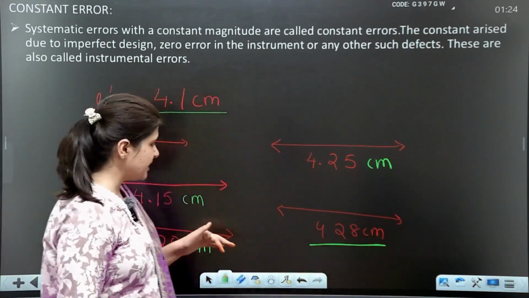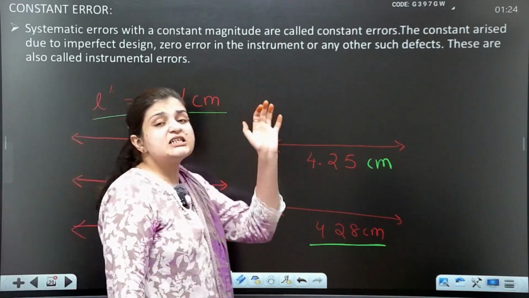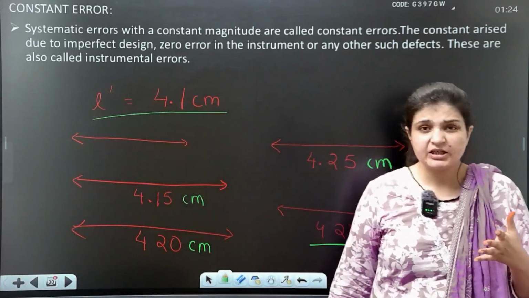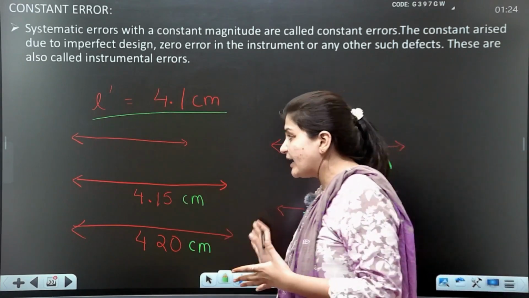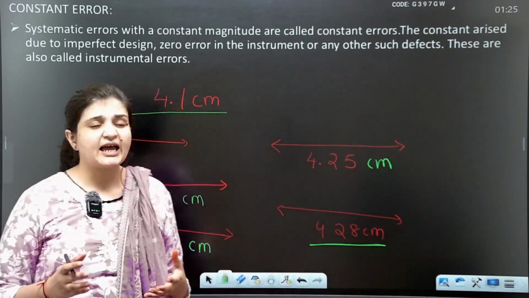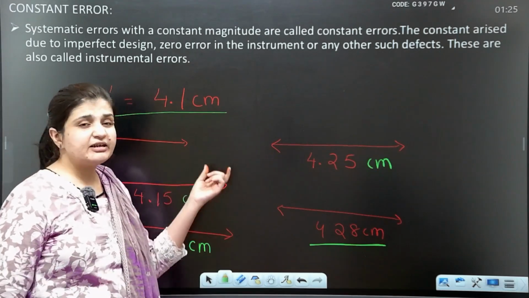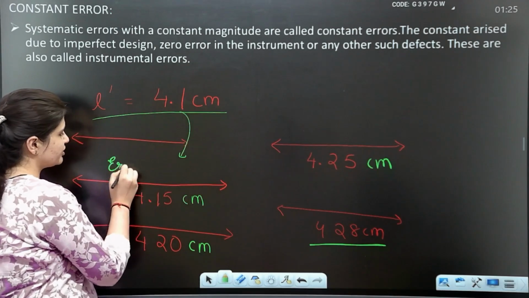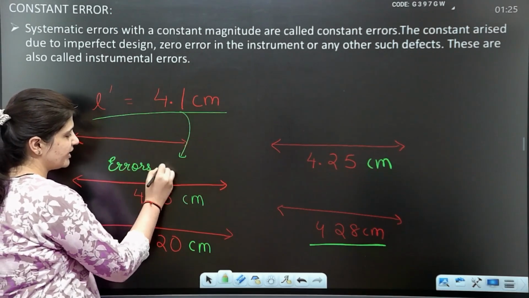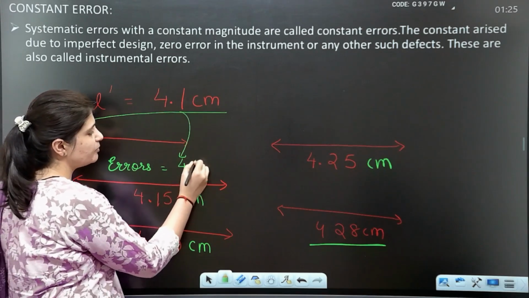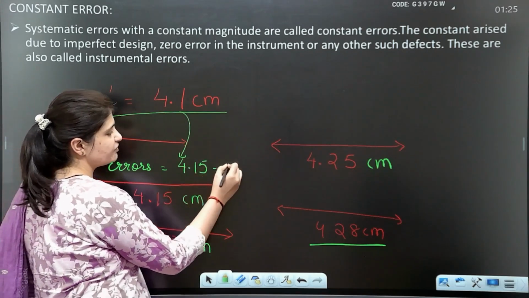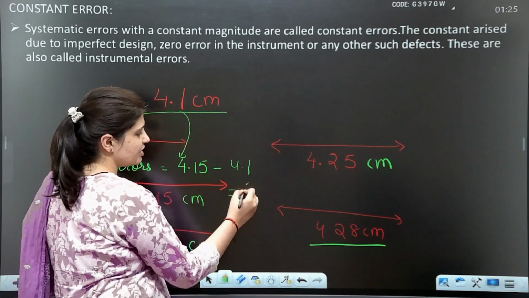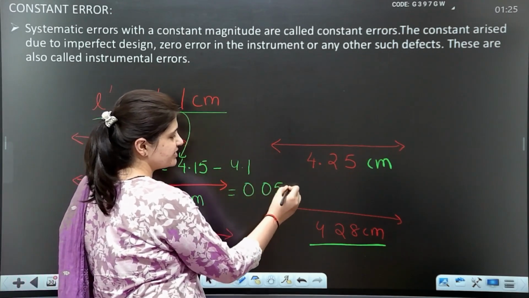Now if we analyze these values, what do they all have in common? All these values have errors that are positive. So what is the error here? The error is 4.15 minus 4.1, which is equal to 0.05 centimeter.